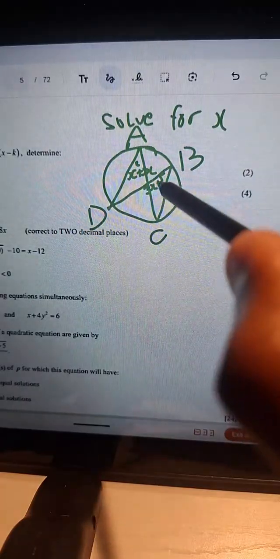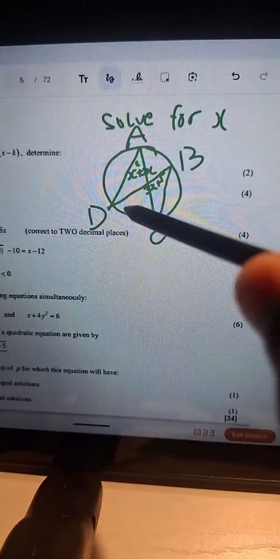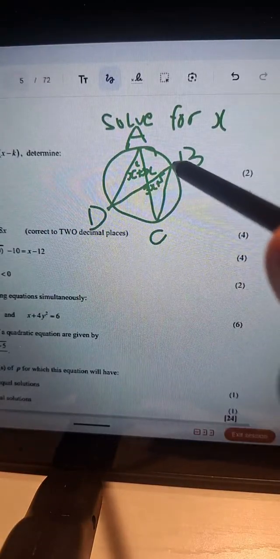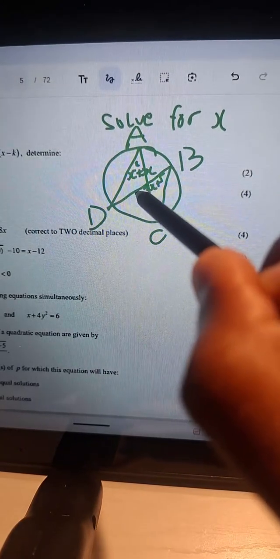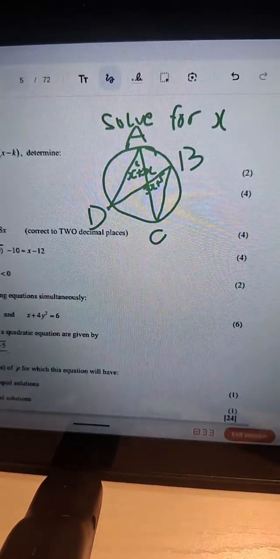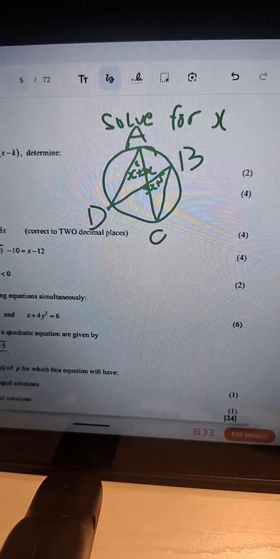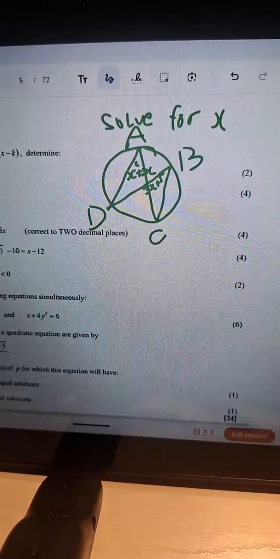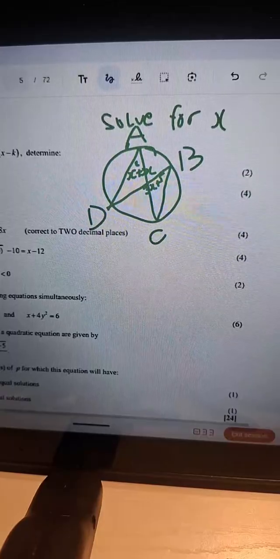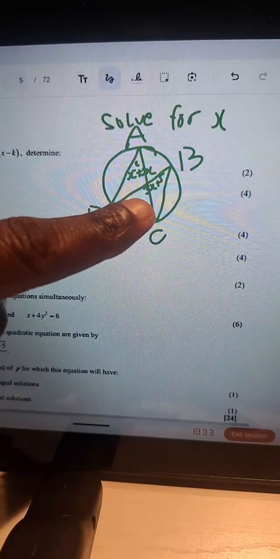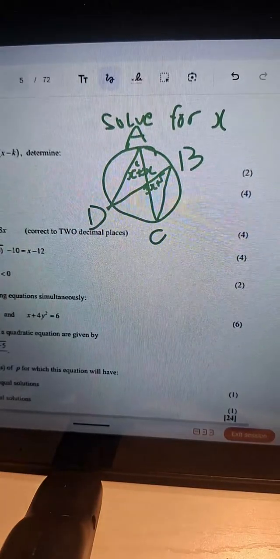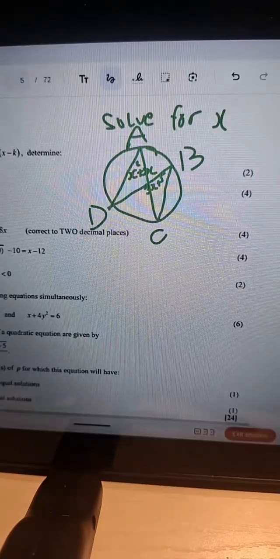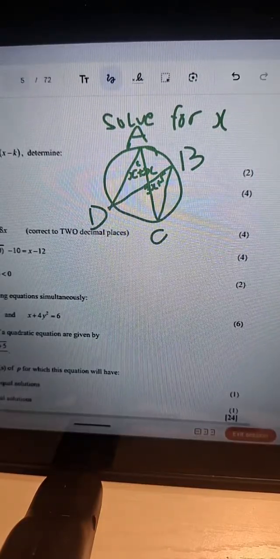So if we had x squared plus 3x, and here we had negative 3x minus 5. Sorry guys. x squared plus 3x, negative 3x minus 5. Imagine if that was the question.